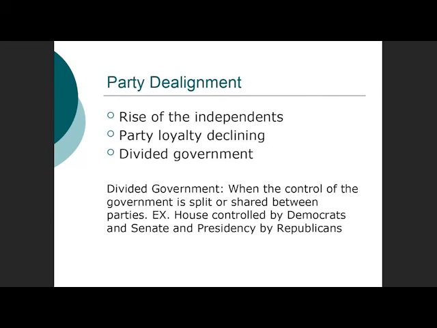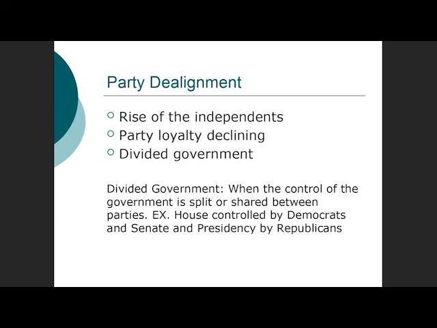And that's telling us that the parties aren't doing that good a job of identifying where the voters are and getting them on board. We see people that have called themselves Democrats or Republicans that are not holding those labels anymore. They're saying, I'm not either. We have maybe more divided government, which is what we're in right now, where the House is controlled by the Democratic Party and the Senate's controlled by the Republican Party.